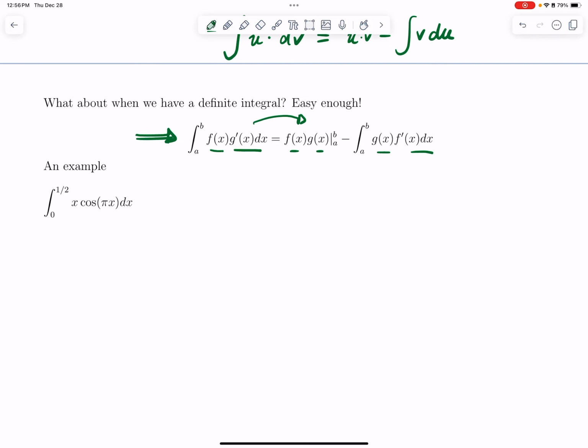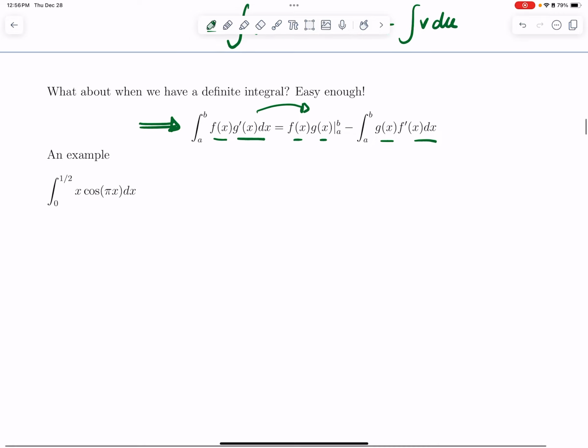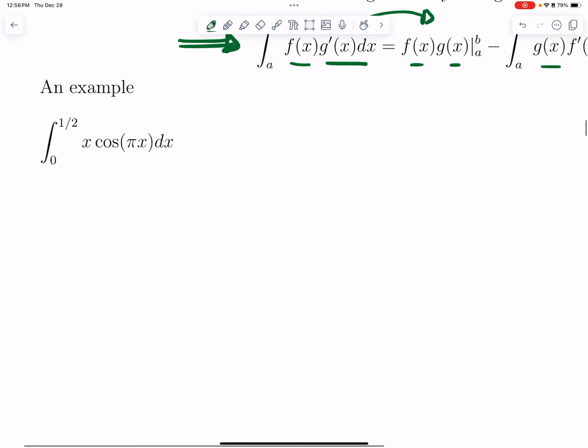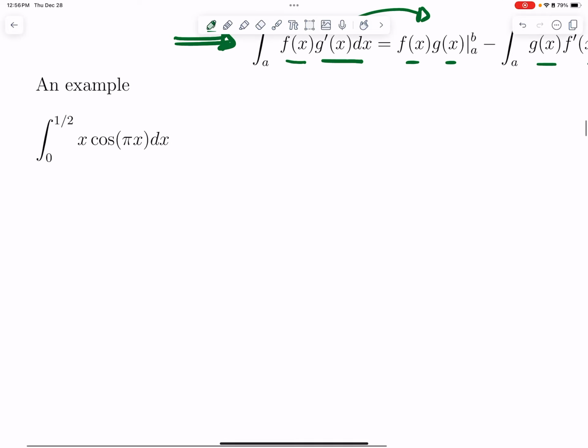So it shouldn't be too big of a leap, but let's just make sure we can handle all the notation and the computation. If you remember in our chart, polynomials came above trig, so this is going to be our u, and this is going to be our dv.